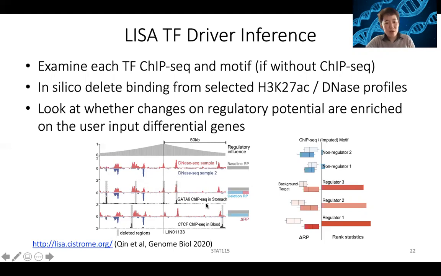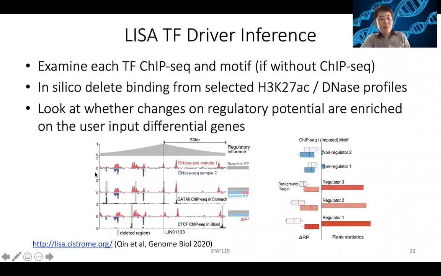So basically we ask, if we eliminate all the GATA-6 binding sites, how much does it change the regulatory potential of every gene? And we want to see, basically, if it's the correct transcription factor and you eliminate all its binding sites from the DNase peaks or the K27 acetylation ChIP-seq peaks, those genes will no longer be differentially expressed, right?